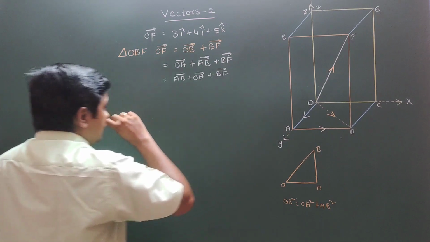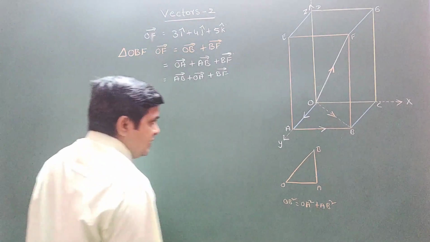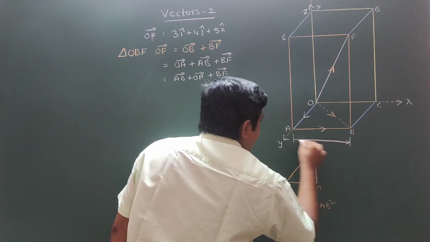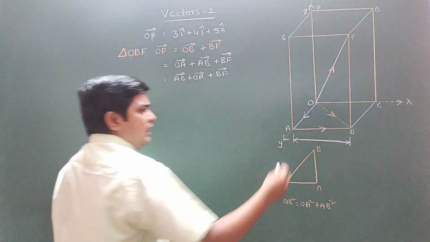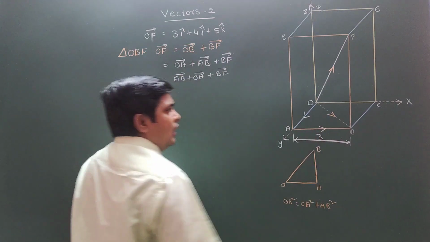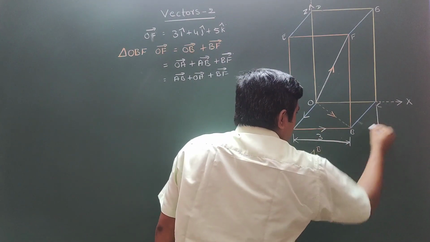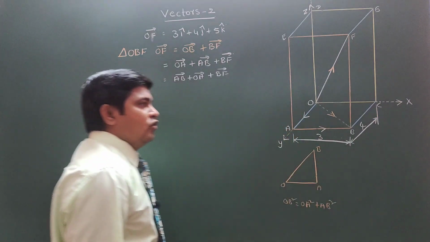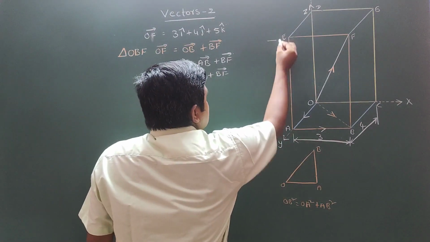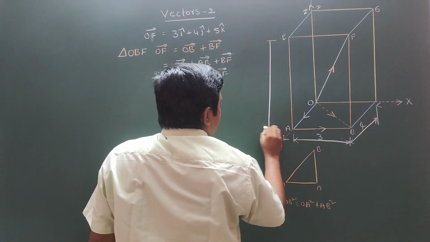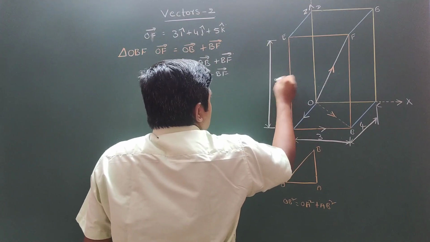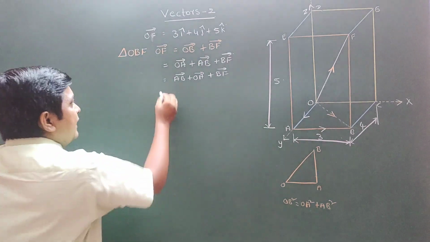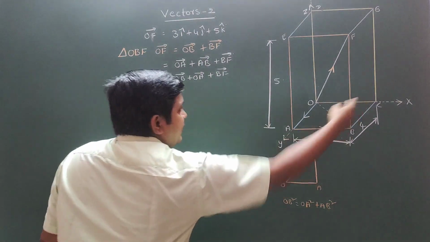So what are these going to give? These are going to give me some values: on the X axis some magnitude, which I take as 3, on Y some 4 quantity, 4 magnitude, and on the Z axis some 5. So if I write it including magnitude and direction in a 3D box, what can I write? AB is on X, right?